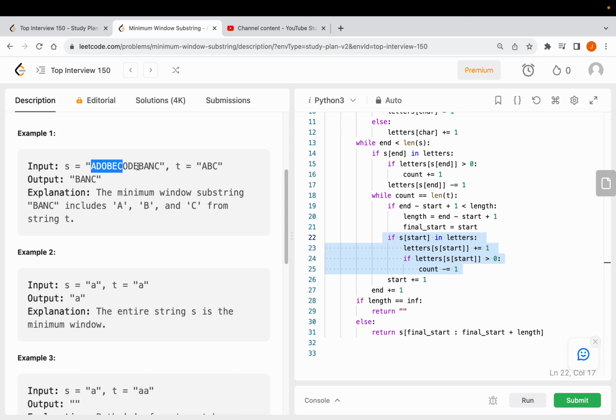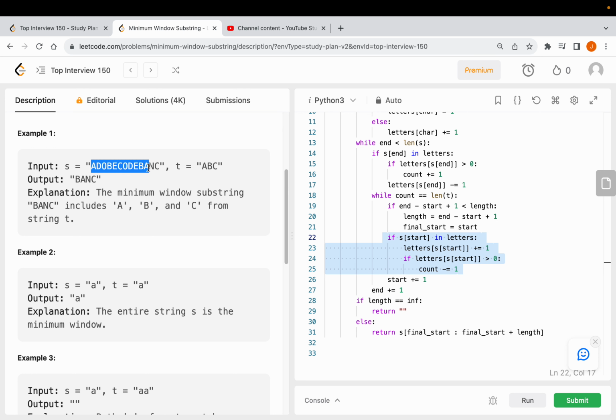In my solution, once we find a valid window, we continue until we see another letter that is in the dictionary of T, and then we decide whether we can do something from the left side. So that was my algorithm. In this case, there's nothing that can be done, and then we see another A, and that is when something can be done.